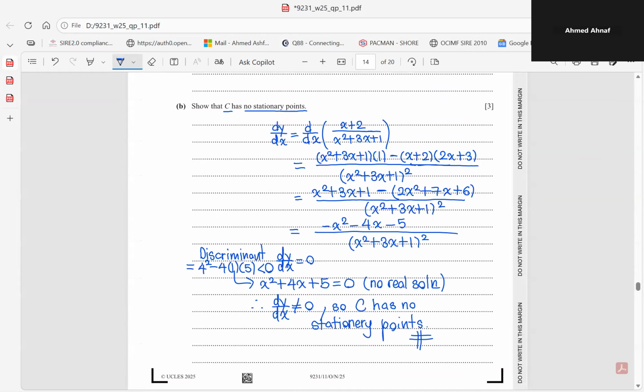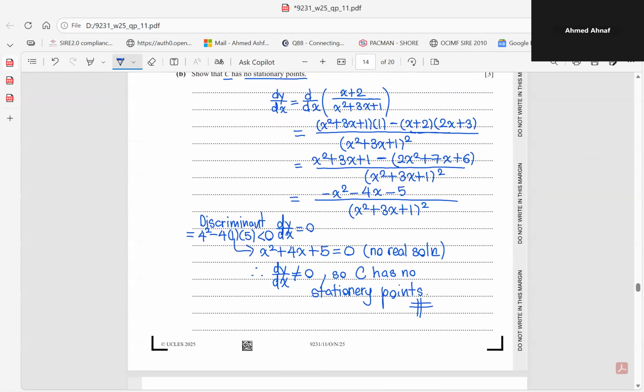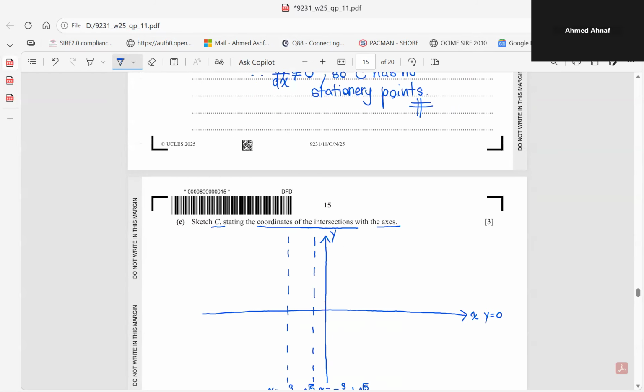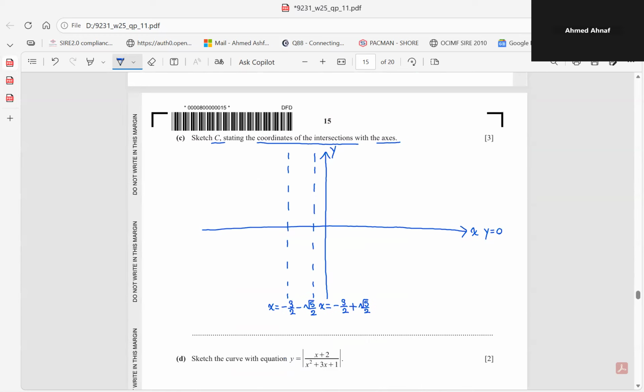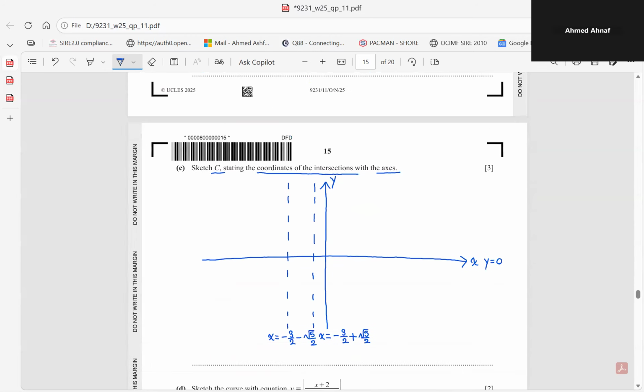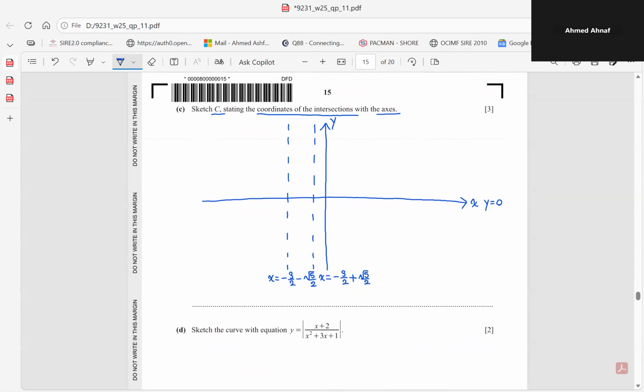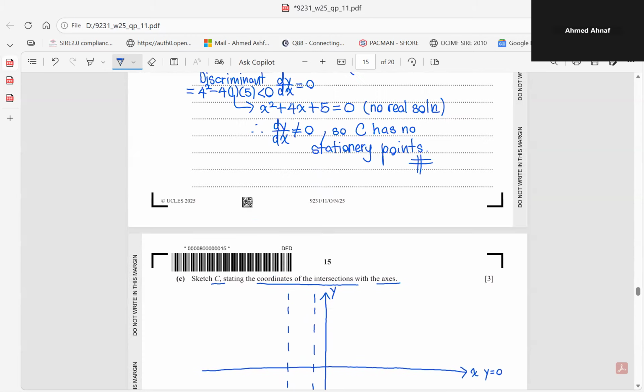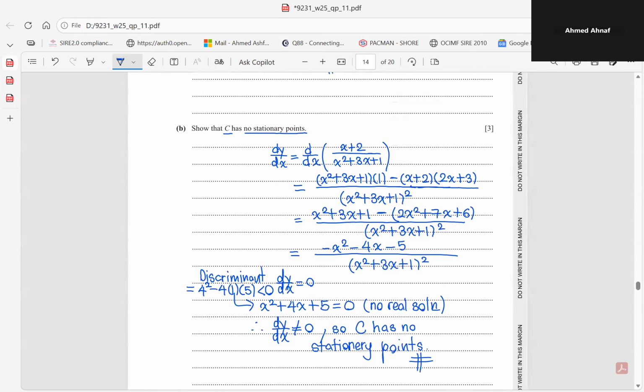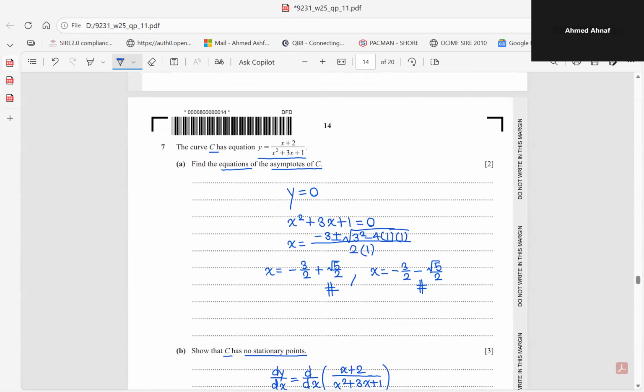Okay, all right, so now, since they said that there are no stationary points, let's start off by finding the coordinates of the intersection. So let's start off by finding the y-intercepts. To find the y-intercepts, just substitute 0 into the original equation.